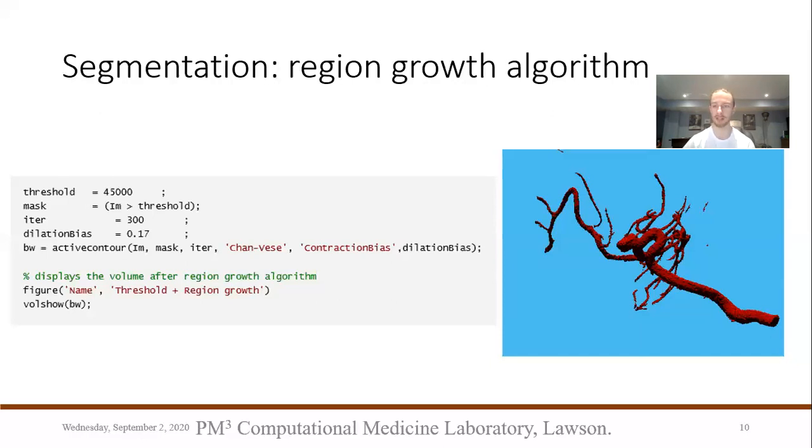This may need to be adjusted based on your image contrast, your image features, so you may need to play with this a little bit depending on the specific features of your image. And then down here, I am simply displaying the image, which is how you get this picture.